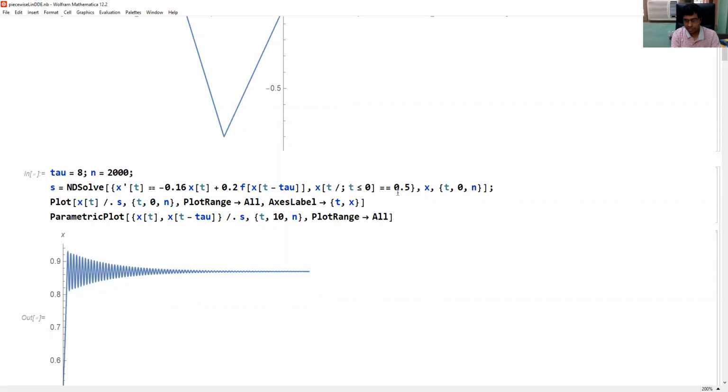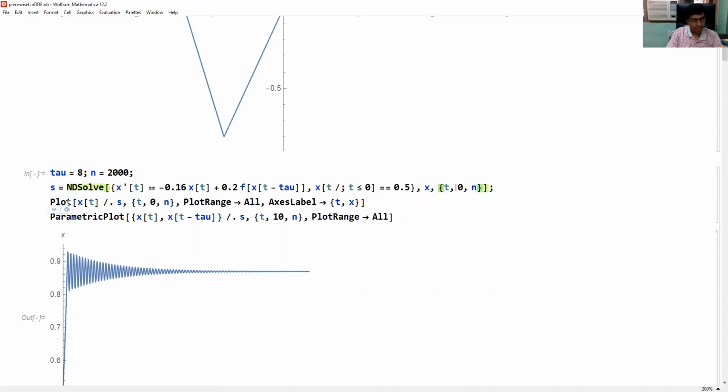So 0.5 is between these equilibrium points, between x1 star and x3 star, between 0 and 0.87. This x is the dependent variable, the independent variable is t, and the range is between 0 and n.